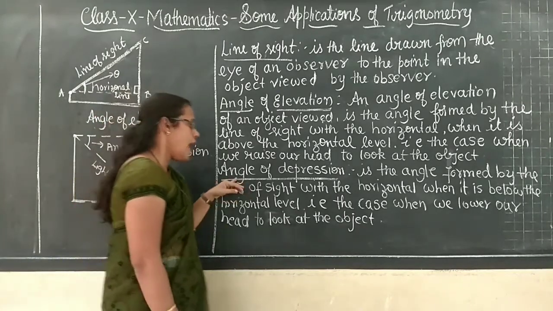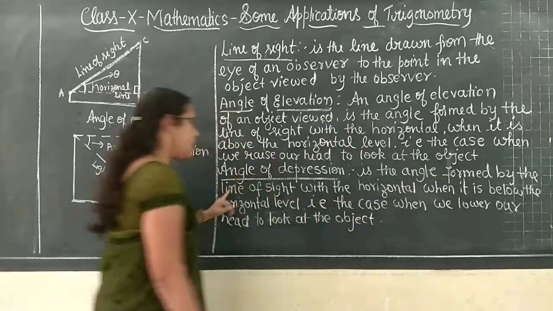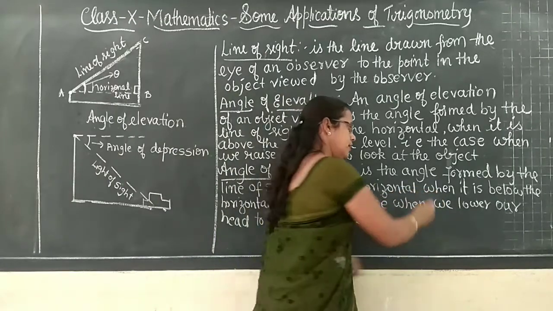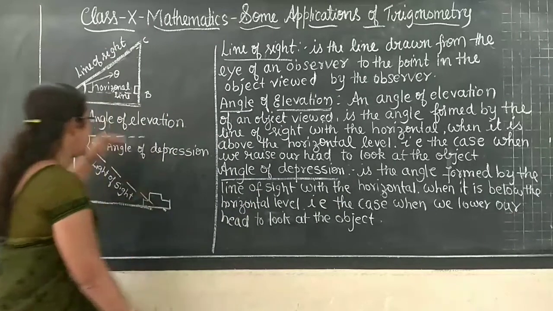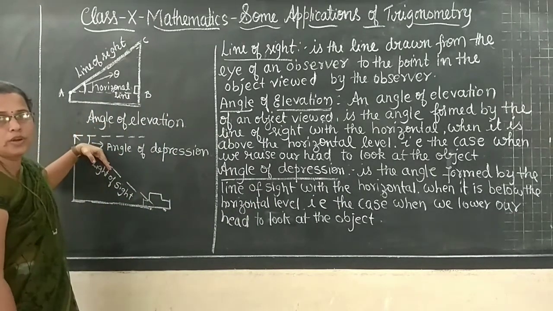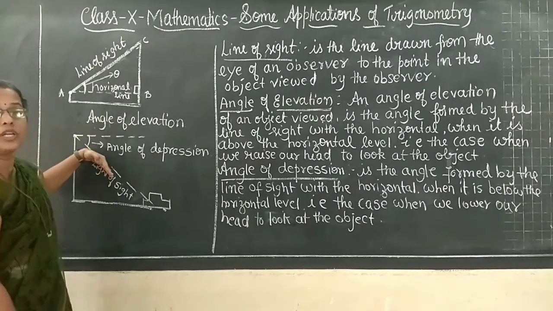Yes, children. The angle of depression is the angle formed by the line of sight with the horizontal when it is below the horizontal level. So this is above the horizontal level, this is below the horizontal level.